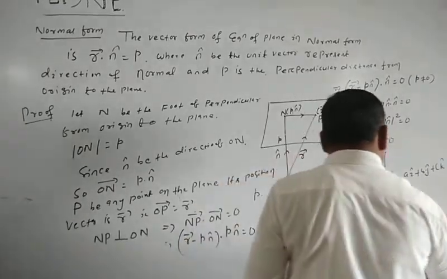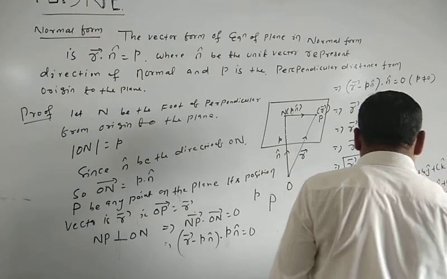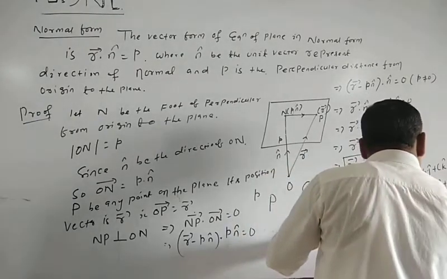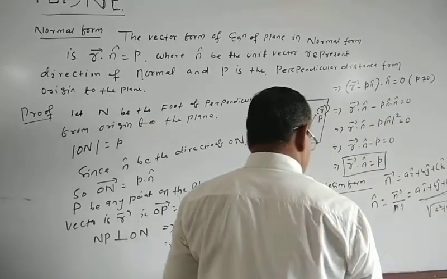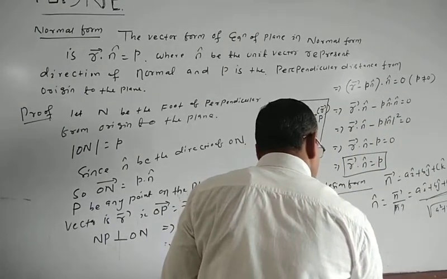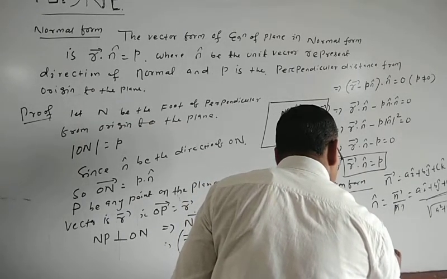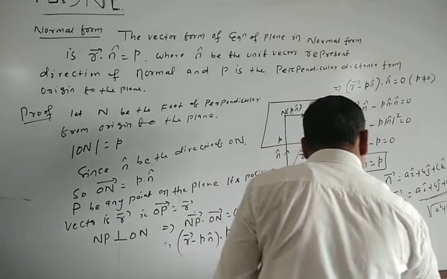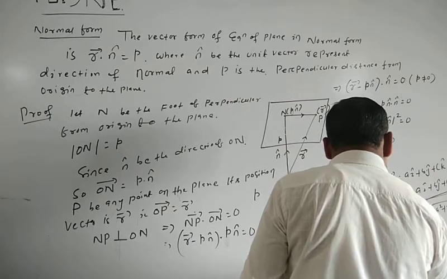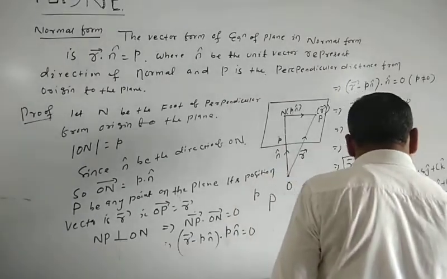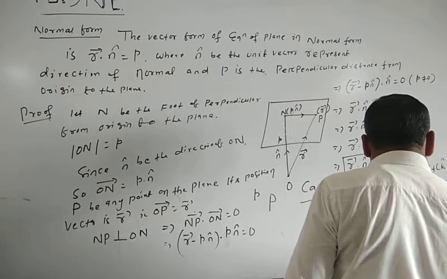So this is equal to A i cap plus B j cap plus C k cap by root of A square plus B square plus C square. That is, n cap is equal to A by root of A square plus B square plus C square into i cap, plus B by root of A square plus B square plus C square into j cap, and C by root of A square plus B square plus C square into k cap.